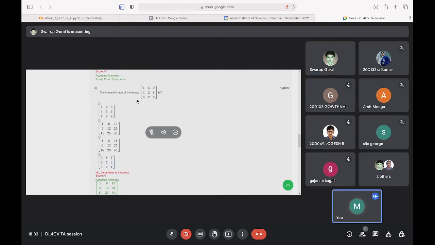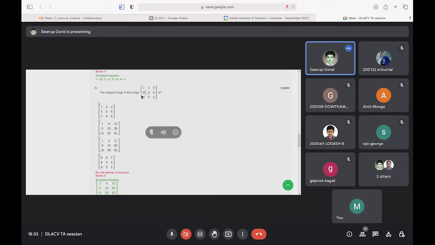See, the output of the integral image at a location xy is equal to the summation over i equal to 0 until x, j equal to 0 until y, of I(i, j), the image.